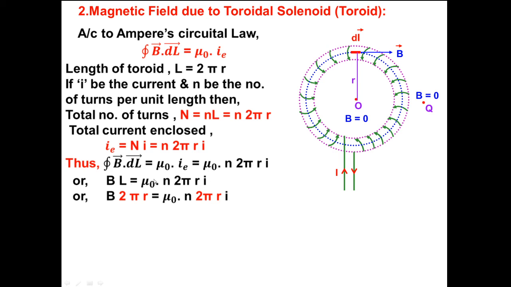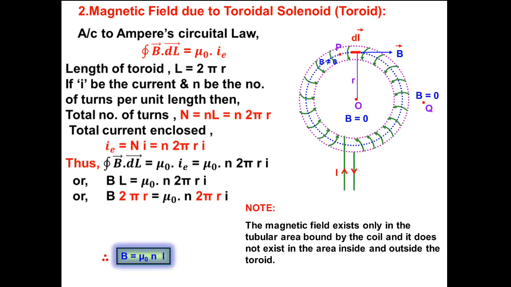So here BL equals mu naught n 2 pi r I, where this L, that is the length of the toroid, is 2 pi r. So this 2 pi r got cancelled. So here B equals mu naught nI.